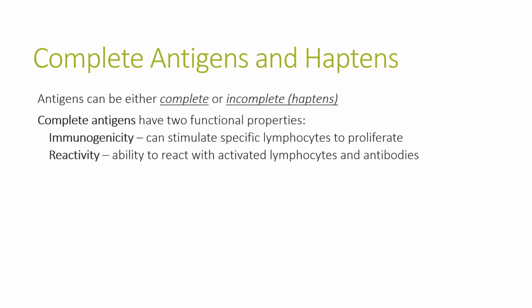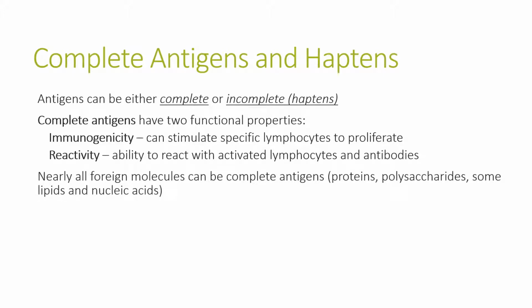And they exhibit reactivity, the ability to react with activated lymphocytes and antibodies. Nearly all foreign molecules can be complete antigens, including proteins, large polysaccharides, some large lipids, nucleic acids, even entire cells like bacterial cells.